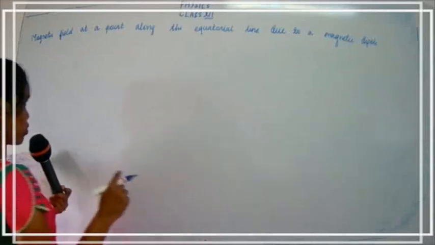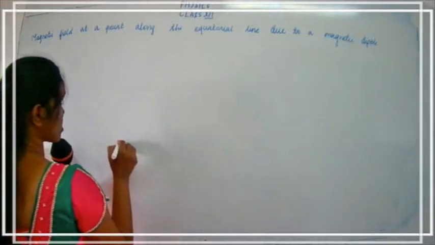In the previous derivation we have seen the magnetic field at a point along the axial line. Here we are going to see it on the equatorial line. So what happens here? Place a bar magnet.